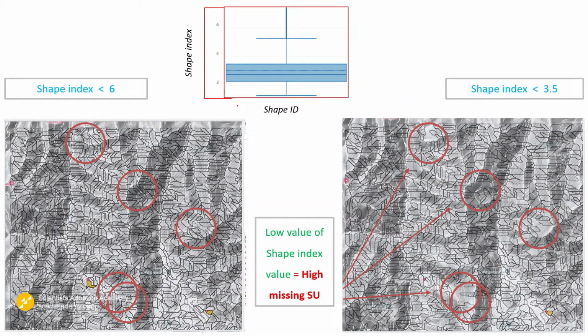First of all, we get the slope units for the study area, and then we produce this box plot for you. From the box plot you understand the shape index for the slope units. You can see our data varies from 2 up to maybe 3.7 or so. So these are the most common shapes in our slope units representation.